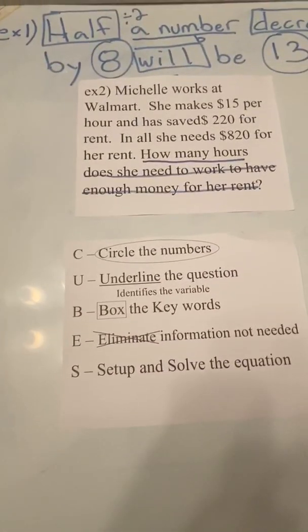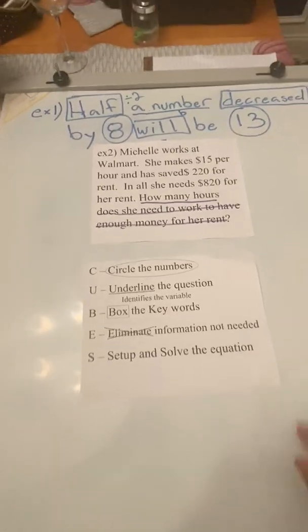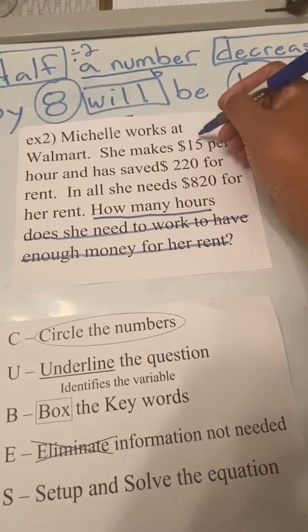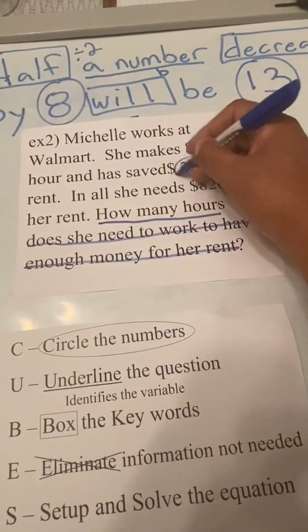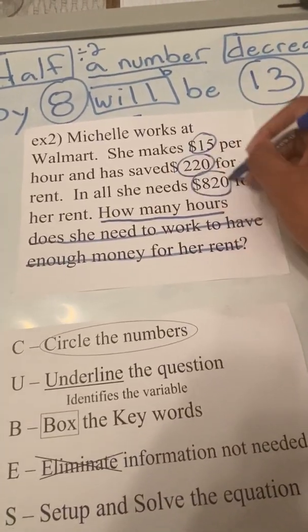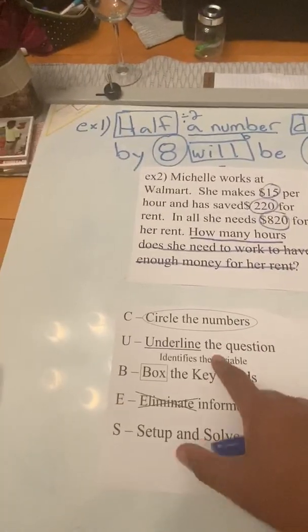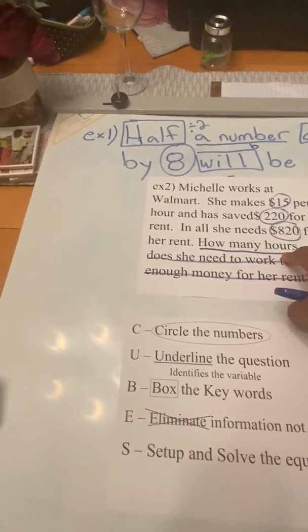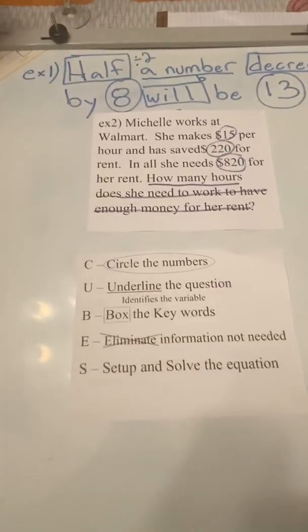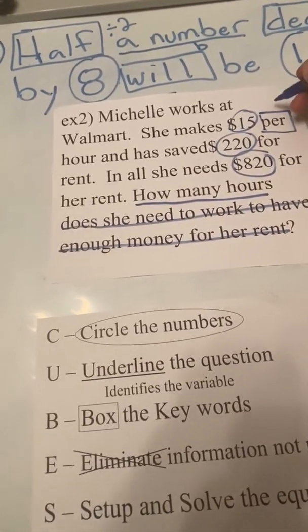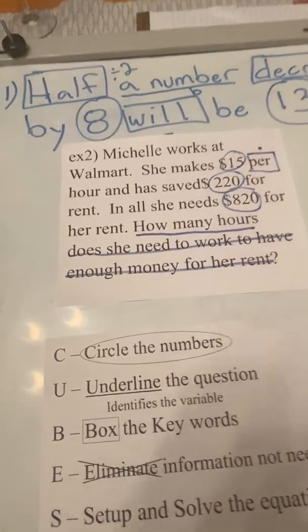So we did the U part, we underlined the question. C, circle the numbers. What numbers do we see? 15, 220, 820. So we circled the numbers. B, box the keywords. What keywords do we see? Per. What does per mean? It means multiply, so I put a little dot for multiplication.